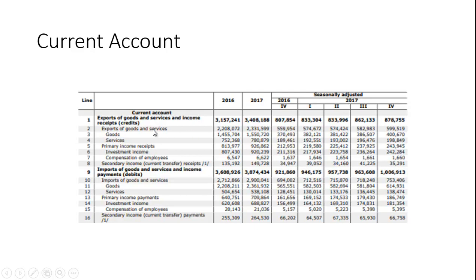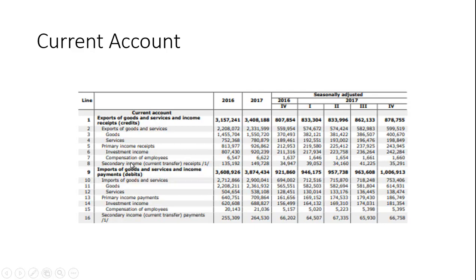So you have exports of goods and services. This is the total right here, but the goods is 1,550,720,000,000. These are in units of a million, and the services are 780,879. Okay, primary income receipts is broken up into investment income and compensation of employees.